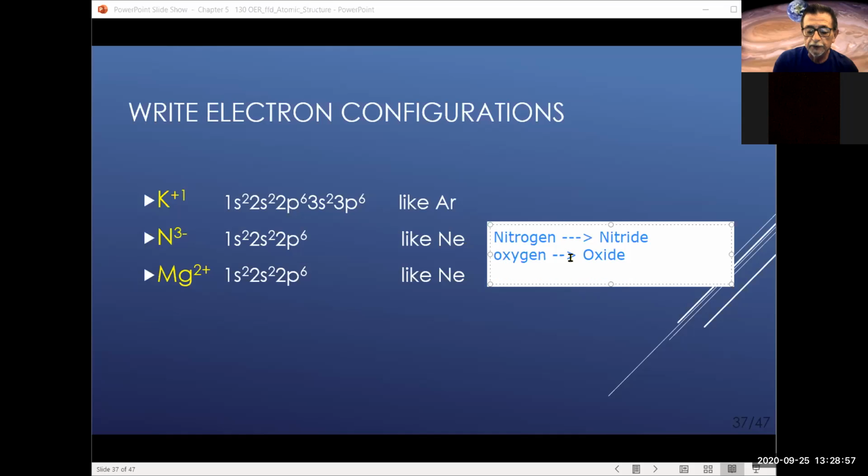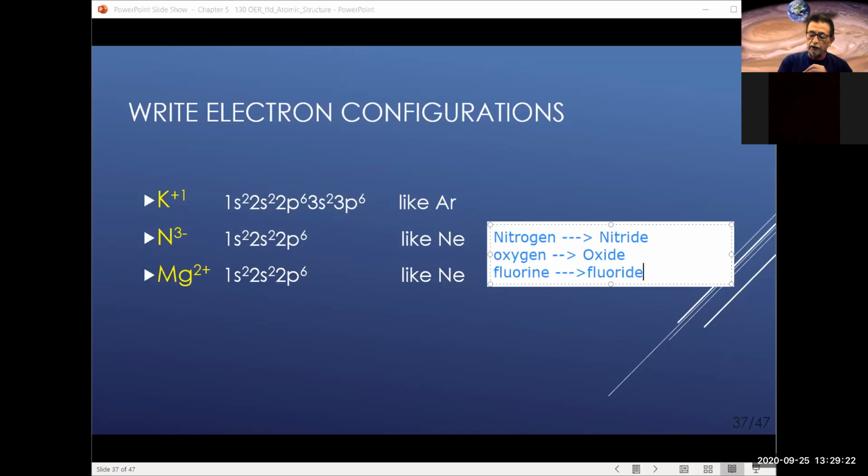Another one would be, say, fluorine. That is the name of the element, fluorine. And when it becomes ionic, by picking up 1 electron, its new name is now fluoride. That is what we brush our teeth with, fluoride.